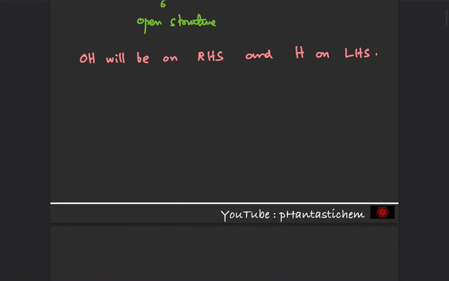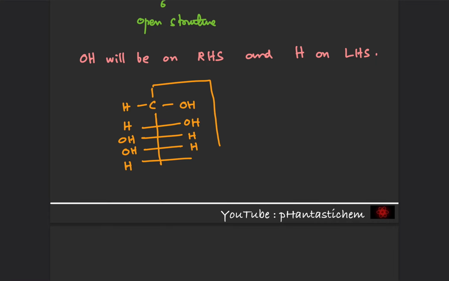Okay, so therefore the final structure of alpha D galactose will look something like this. So we will have C connected to H and OH, and 1, 2, 3, so H OH, OH H, OH H, here H, this is connected to this oxygen, and then we have CH2OH.